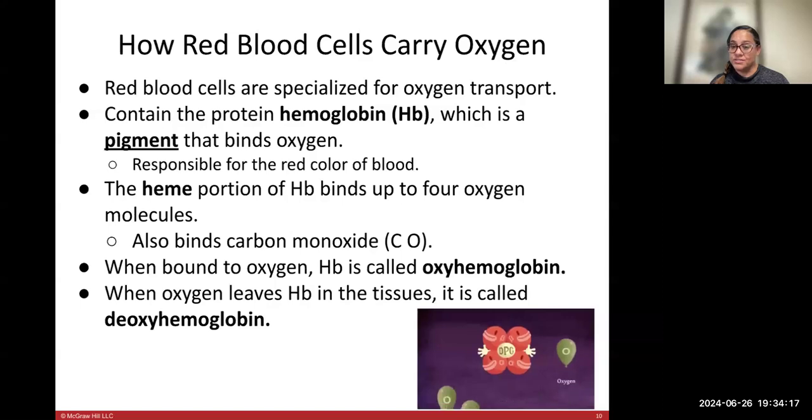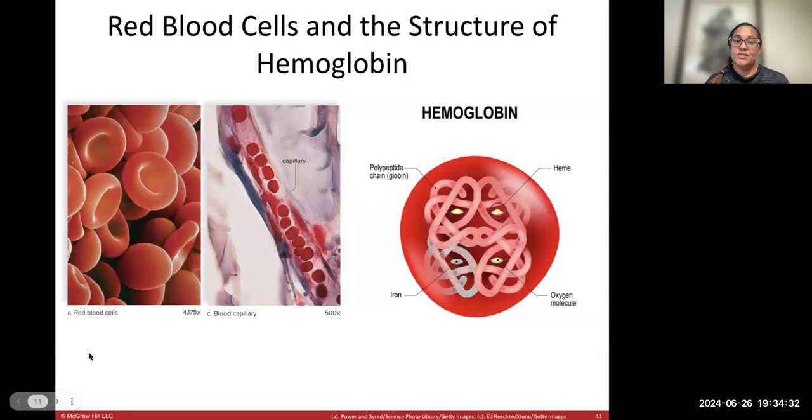When bound to oxygen, hemoglobin is called oxyhemoglobin. When oxygen leaves, it is called deoxyhemoglobin. And when it is bound with carbon monoxide, it is called something else, which we will talk about. So there are our red blood cells, a very close-up structure. There they are traveling through capillaries one at a time.